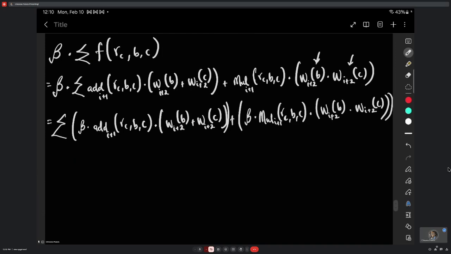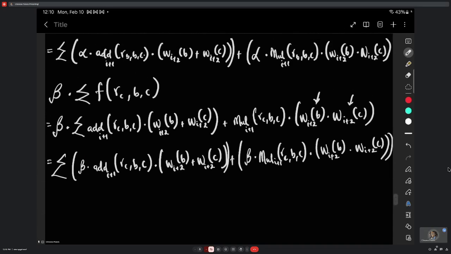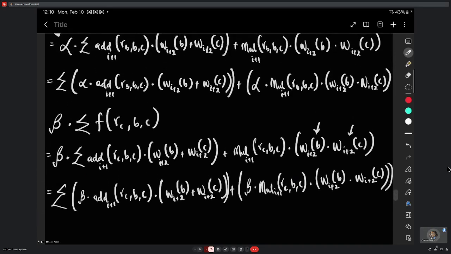Since all the verifier requires is W of b and c, and since the verifier can do the add, mul and the alpha, beta, that means W of b and c is actually the same in both. So you can equate that out and then have what the verifier can do, and what the prover is sending in. That's what we're driving at. Okay, so let's continue. We want to add them both together, right?